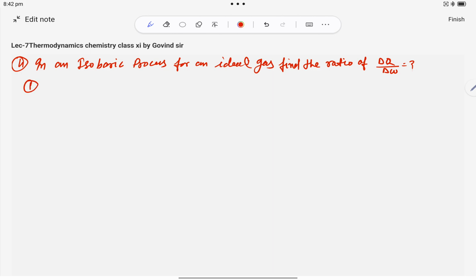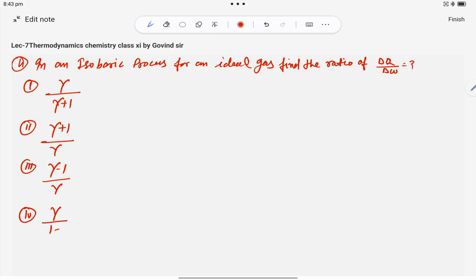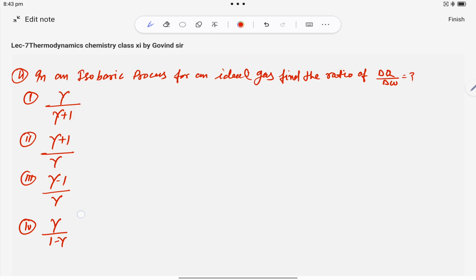Options are given: first, gamma; gamma plus 1. Second option, gamma plus 1 upon gamma. Third option, gamma minus 1 upon gamma. And fourth option, 1 minus gamma. These are the options given.